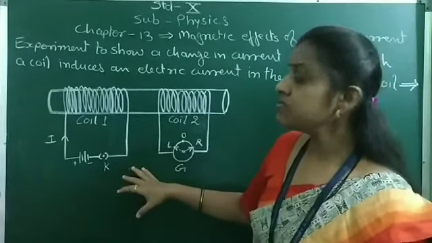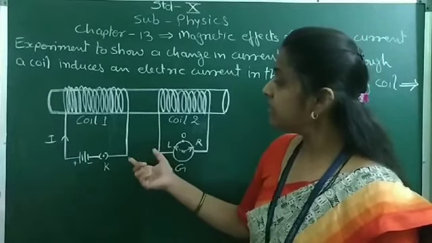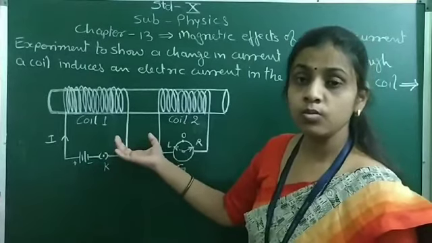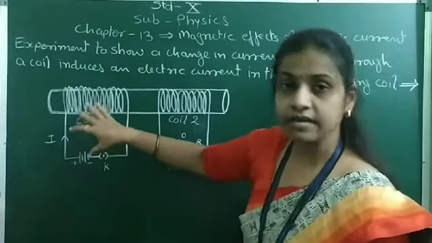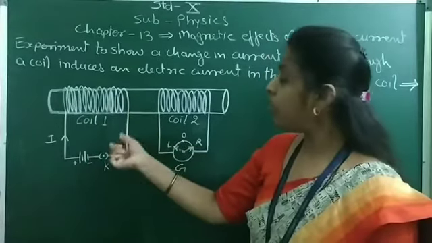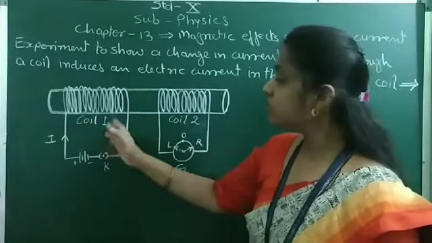So from this observation, we can conclude that whenever there is a change in current in coil 1, that is, at the start when the key is in and current flows through coil 1, or at the end when the key is disconnected and current does not flow, there is a change in current.